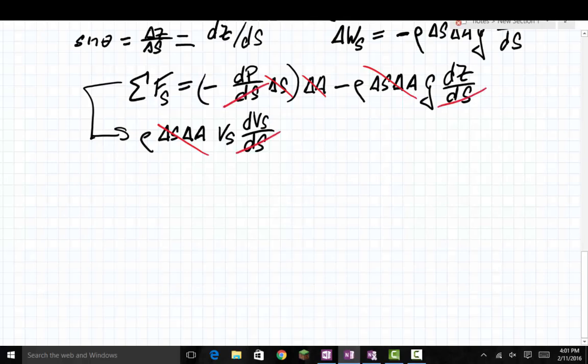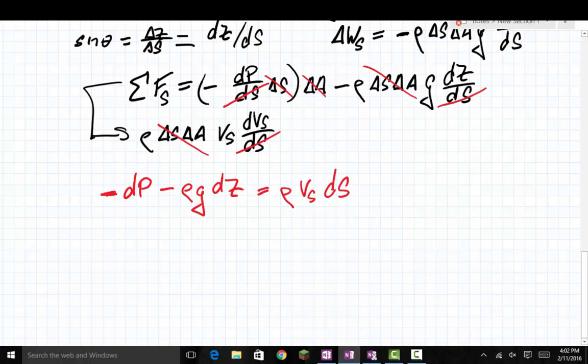So that's enough. Let's write out what we end up with. I'm not going to divide through by rho yet, so we have minus dp minus rho g dz equals rho V_s dV_s.